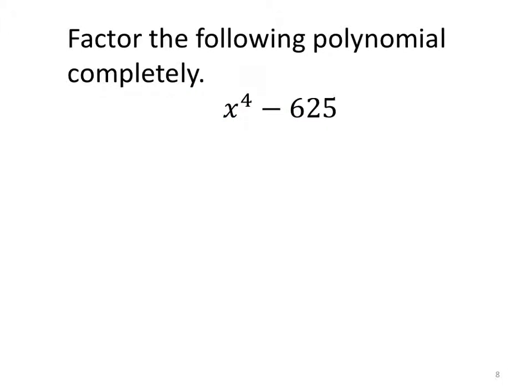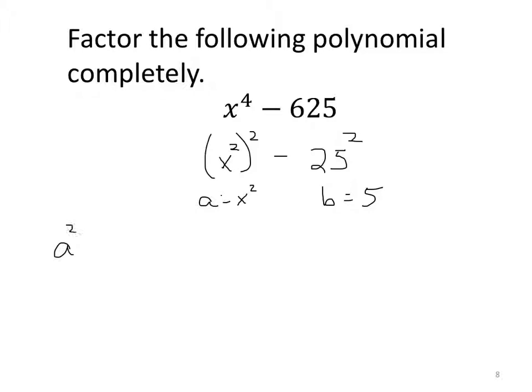Okay, what I notice here is that this too is the difference of squares. It's a little bit tricky because x to the fourth is x squared squared, and 25 squared is 625. So for my squares, a is going to be x squared and b is going to be 25, so that if I have a difference of squares, my formula is a plus b, a minus b.